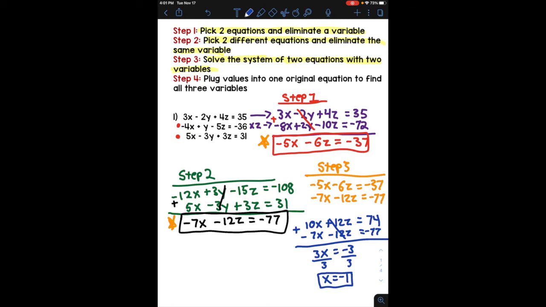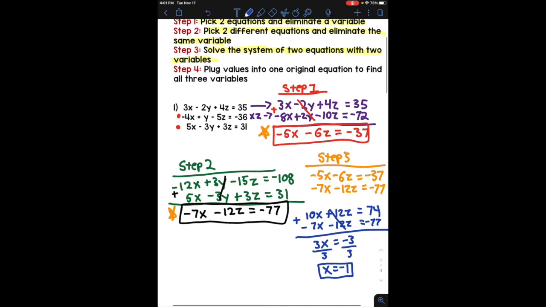The second variable that would be really easy to solve for is z, because as you could see, we have the system of 2 equations that have x and z in it. I can now plug my x value of negative 1 in to find z. So this is our last and final step, which says plug values into one original equation to find all 3 variables.